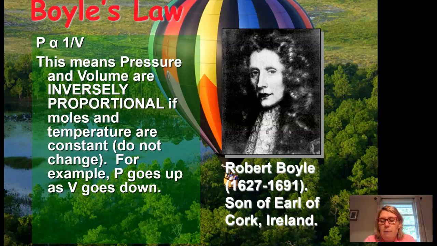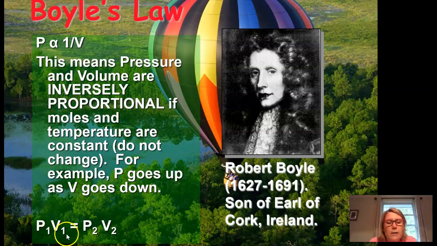So things you've got to think about here. We're only looking at pressure and volume. Moles and temperature are held constant, which means they do not change. So for example, pressure goes up as volume goes down. The equation for Boyle's law is P1V1 equals P2V2. Couple things to think about when you set up these problems.